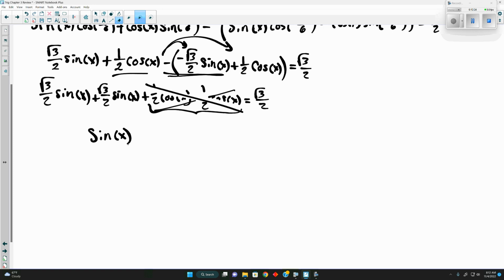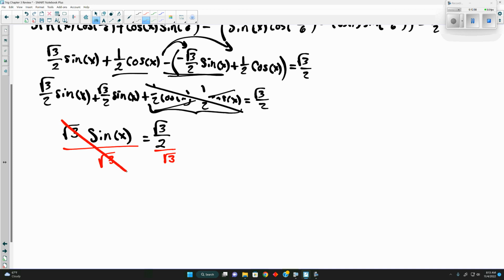Square root of 3 over 2 plus square root 3 over 2. We have how many square root 3's over 2's? 2 of them. So it's 2 square root 3 over 2, which is just square root 3. Now, because they're being multiplied together, we can divide both sides by the square root of 3.